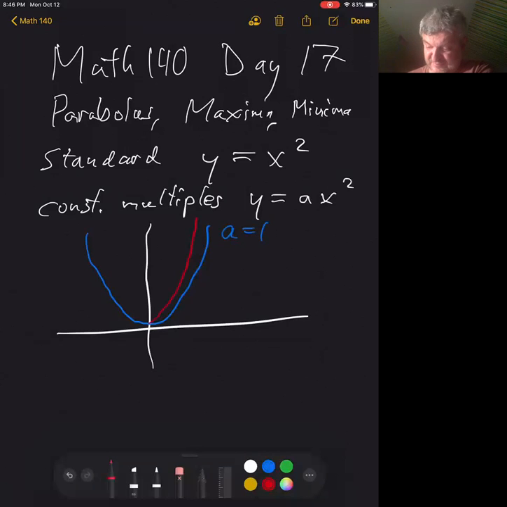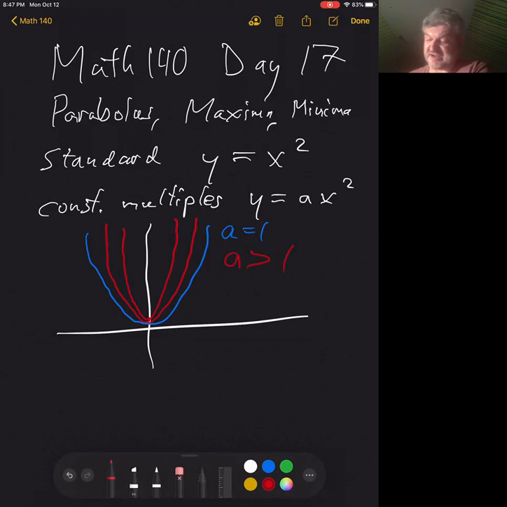So you get parabolas like this. Next thing, if you replace x by a negative x, we get the same function. So this one will have mirror symmetry with regard to the y-axis. So the left side looks just like the right side. And this is all when a is bigger than 1.